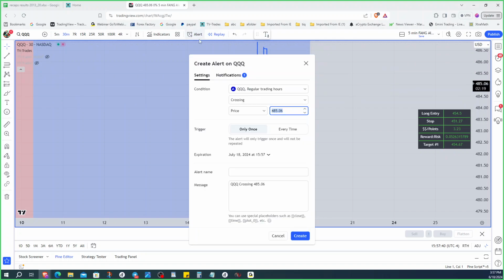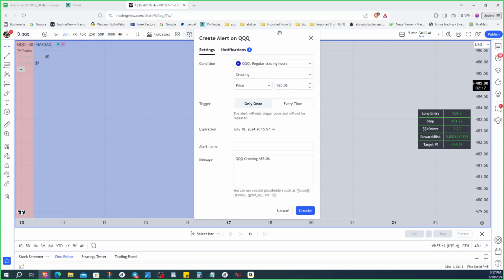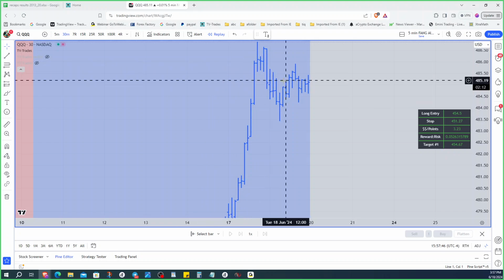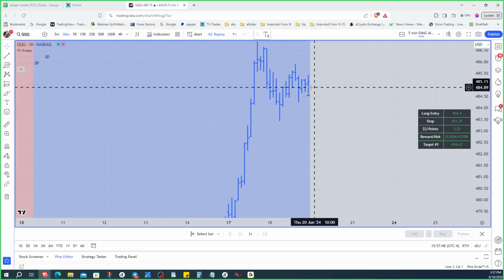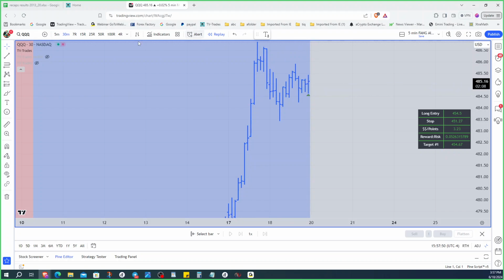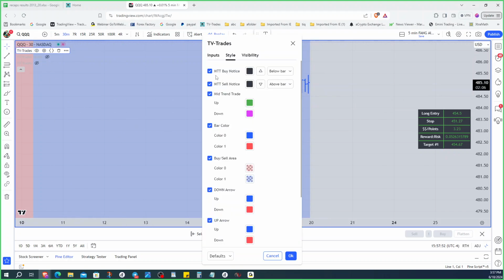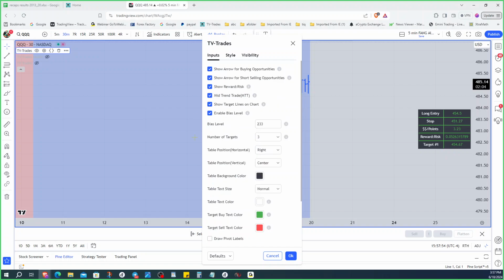When you're setting an alert, and I guess I should go into this with you guys. First of all, if you want an alert that's got anything to do with shorts, or anything to do with the mid-trend trade, you have to make sure that whatever you want the alert on is turned on when you create the alert.